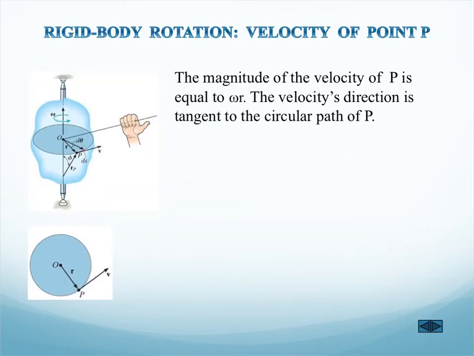All right, so you might also remember that when an object is rotating about an axis, we can also talk about the linear quantities of velocity and acceleration for a point on that object. So for instance, if we're looking at point P, we want to know its tangential velocity as the object is rotating with an angular velocity of omega.